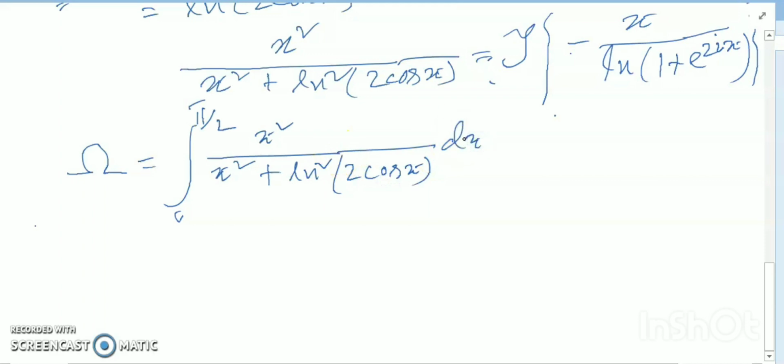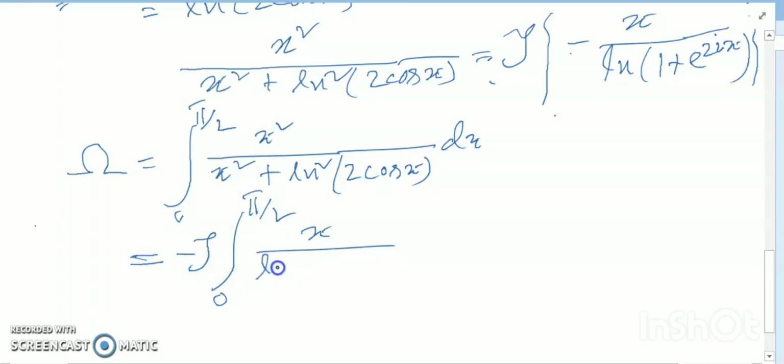So friends, it can be written as the imaginary part of the integral from 0 to pi by 2 of x divided by ln 1 plus e to the power 2ix dx.